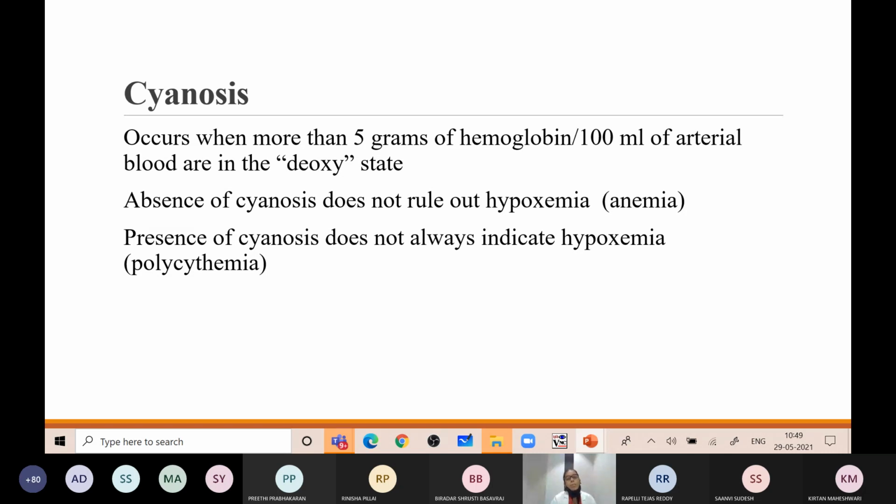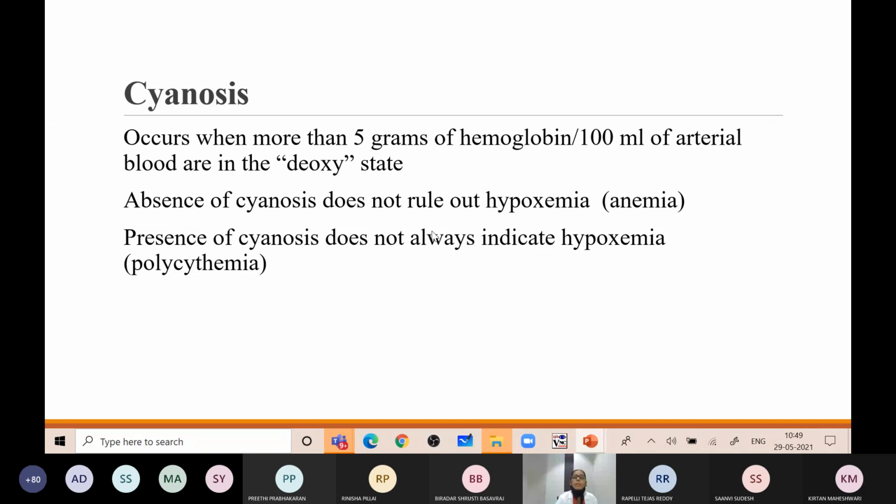When the oxygen is removed from the hemoglobin, it is called deoxyhemoglobin, that is reduced hemoglobin. So if reduced hemoglobin is more than 5 grams per 100 ml of arterial blood, then a bluish discoloration of the body and mucous membrane occurs. That condition is called cyanosis.